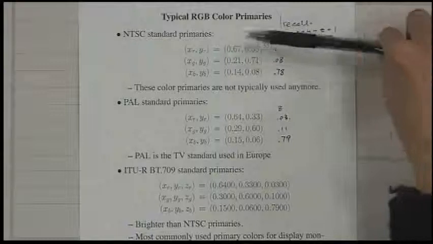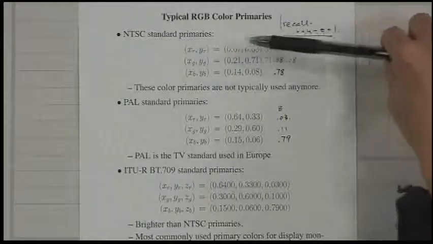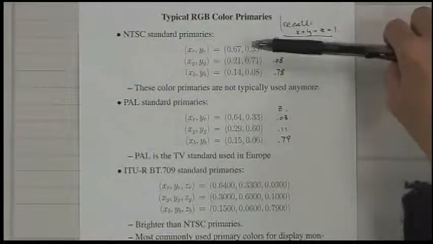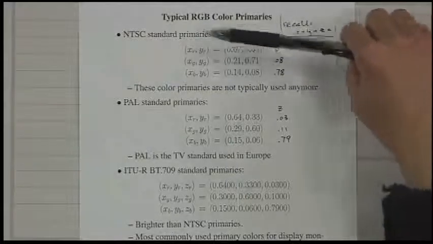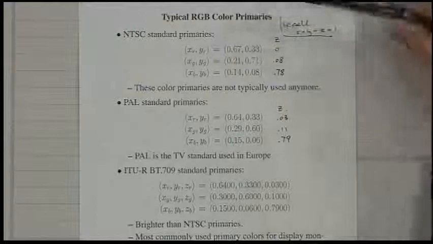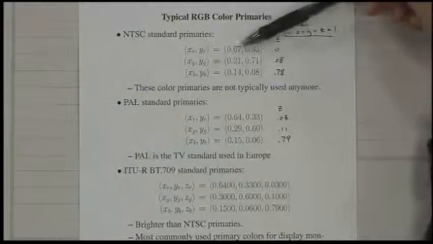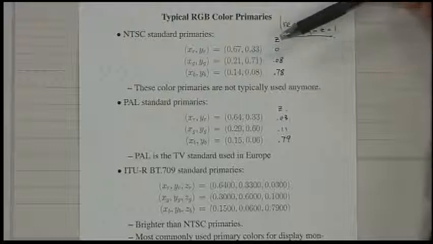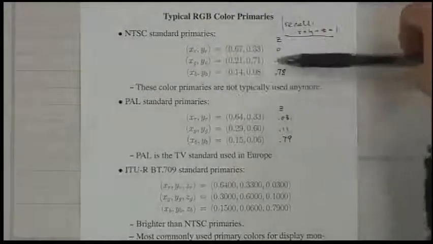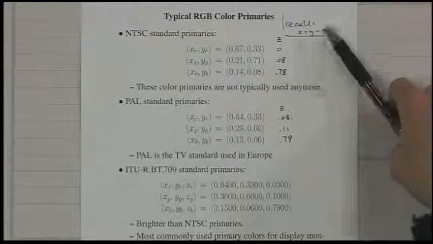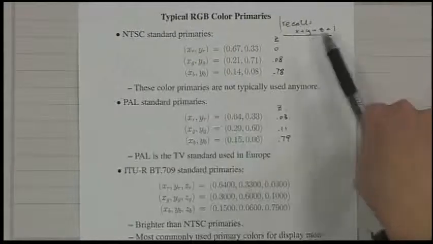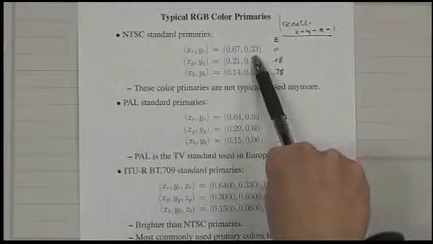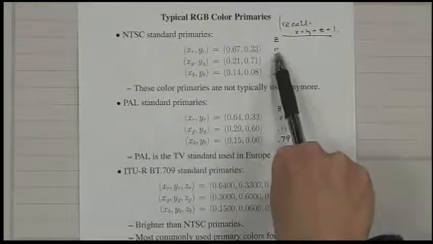This slide lists the chromaticity of the NTSC primaries. If we are talking about the red primary of the NTSC standard, we are talking about 0.67, 0.33, and 0 chromaticity. You recall that the chromaticity has to sum to 1, so it is usually specified by only the x and y coordinates, and from these two numbers you can compute the z coordinate.